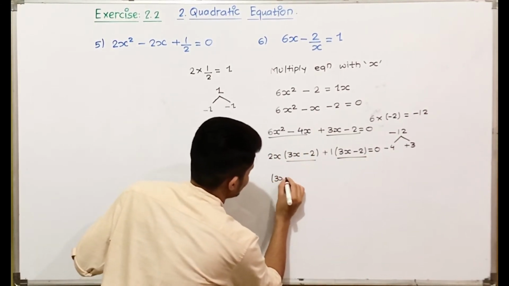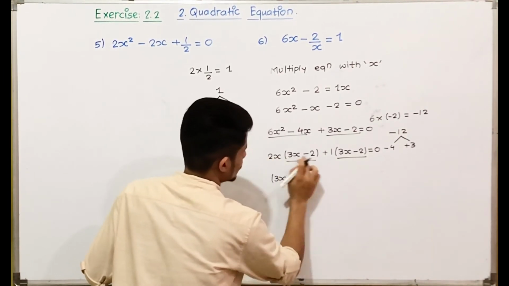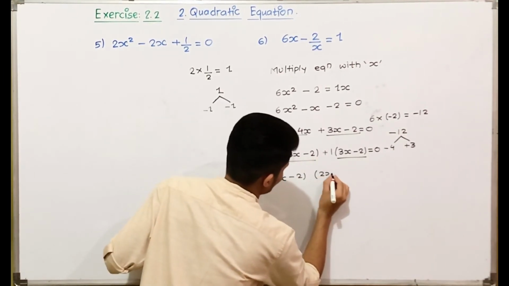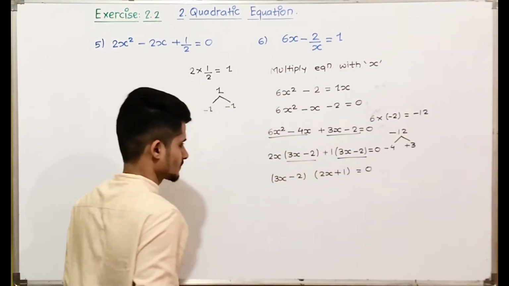So 3x minus 2 and the remaining is 2x plus 1, 2x plus 1 is equals to 0.